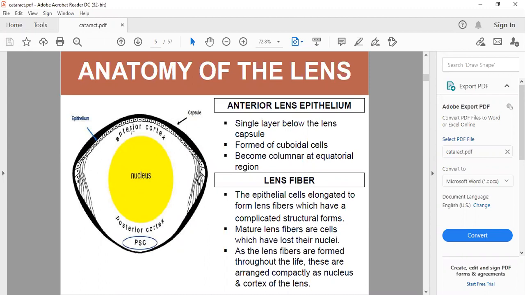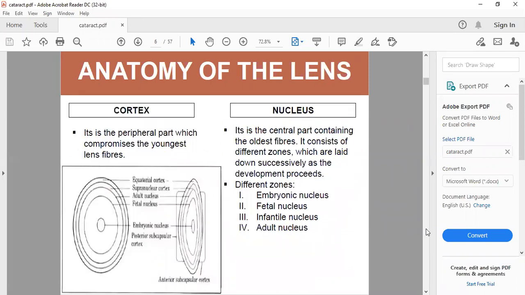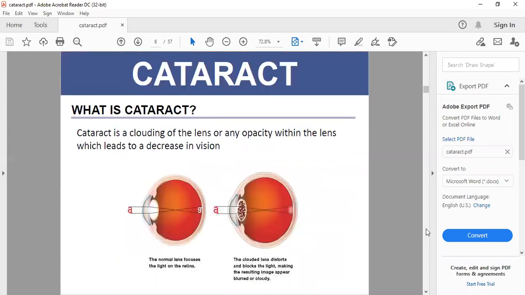Any part of the lens can become opaque, like the anterior capsule, the posterior capsule, the area beneath the posterior capsule, the cortex or the nucleus, and depending upon that there are various types of cataract. Opacity in any part of the lens or its capsule is called cataract. The most common cause is of course age, so that is called senile cataract, or age related cataract.